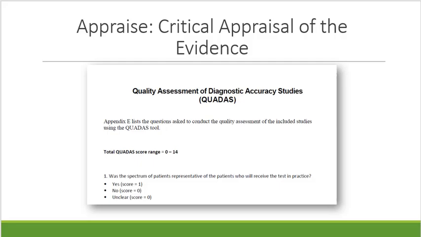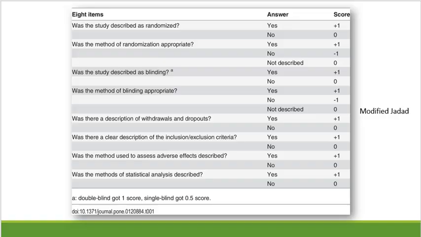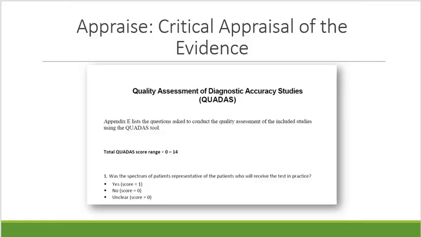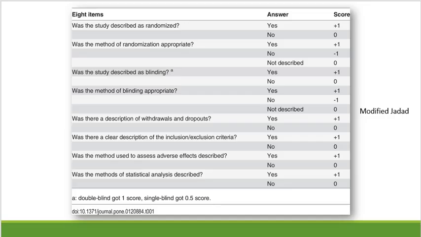Now here the QUADAS, this is for diagnostic accuracy studies. It has criteria. If you wanted to look it up, you could. You don't have to. Nobody used these things for any of their particular scoping reviews or systematic reviews. Here's the modified, I believe it's pronounced Jadad, scoring a study.